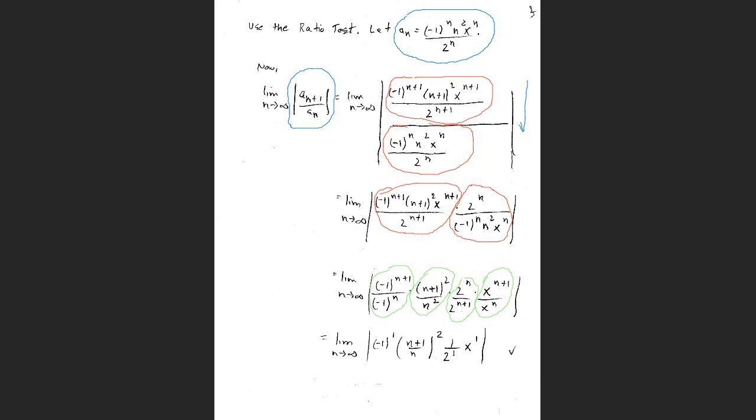Okay, and when I reduce, when I simplify, I get the absolute value of -1 to the first power times the quantity n plus 1 over n, squared, times 1 over 2 to the first times x to the first. Are there any questions up to here?